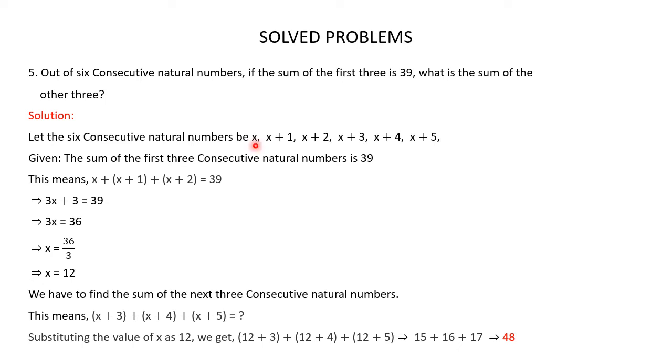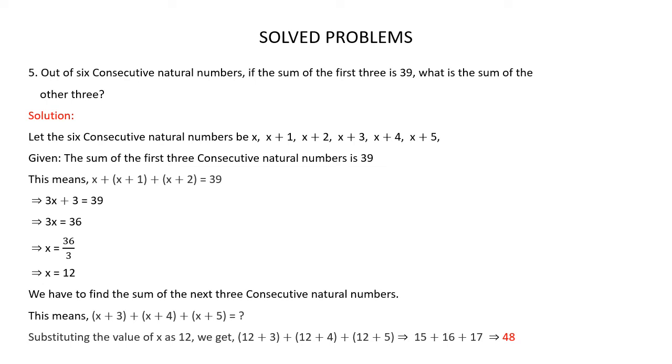That means x plus x plus 1 plus x plus 2 is equal to 39. We have to find the sum of the other 3. That is, we have to find the value of x plus 3 plus x plus 4 plus x plus 5. But to do that, first we have to find the value of x.